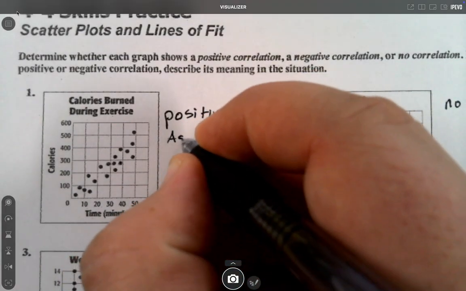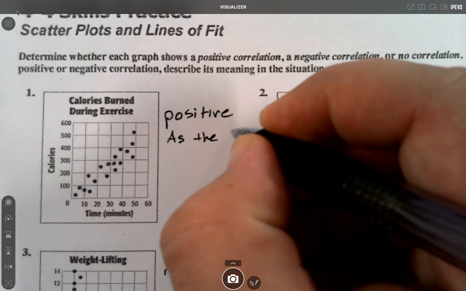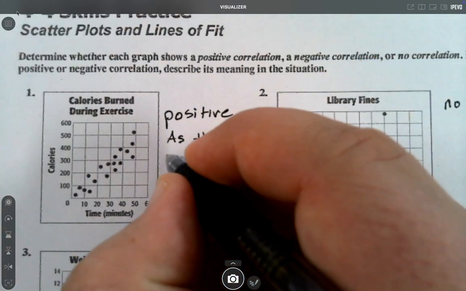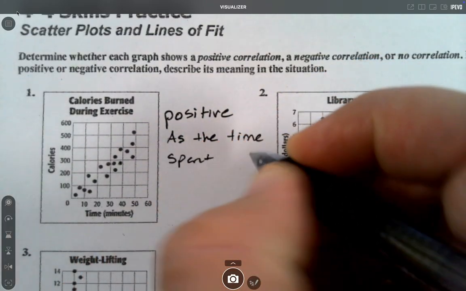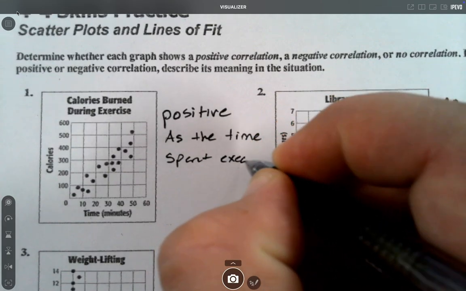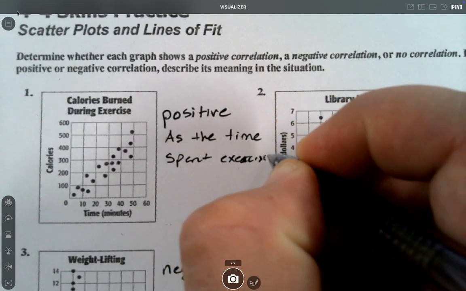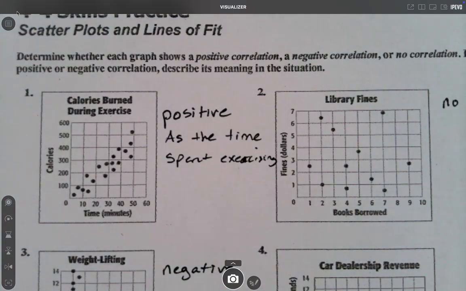So as the time spent exercising, sorry, I ran out of room there. That's exercising.